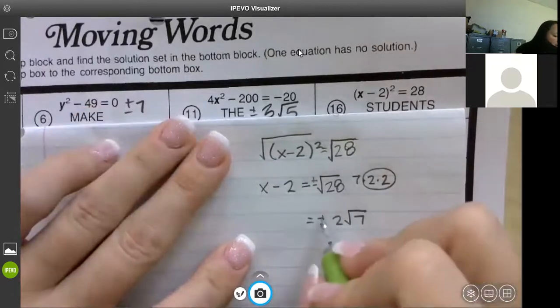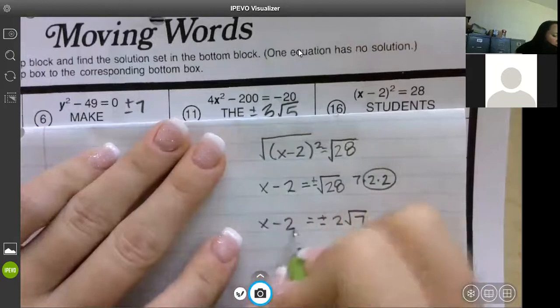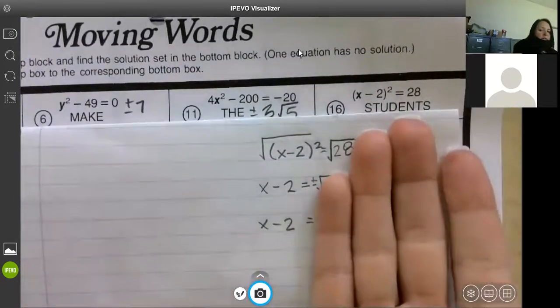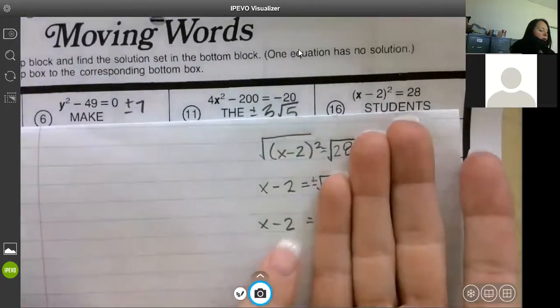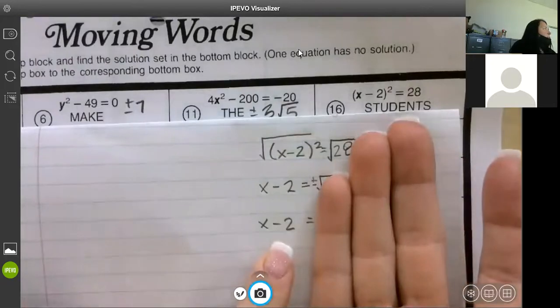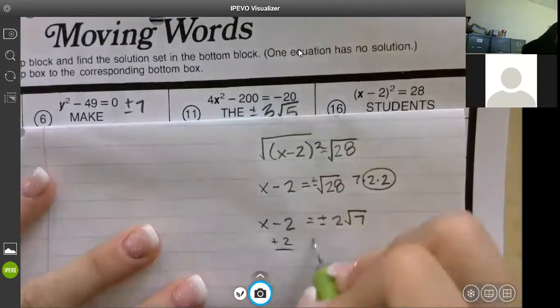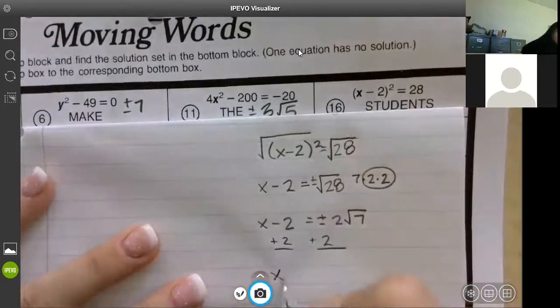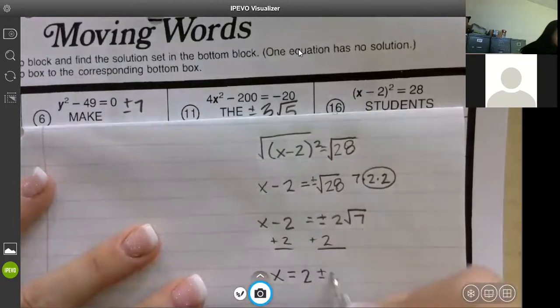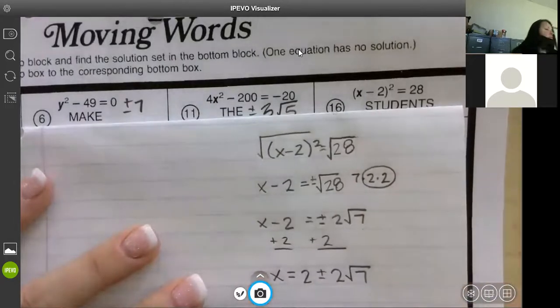Remember, it's plus minus. And in the front, I have x minus 2. So ignore this for a minute and tell me how you would get rid of this 2 right here. Add it. Whatever it is, you just put it in the front. It's a positive 2. And then you just write your plus minus 2 square root 7.